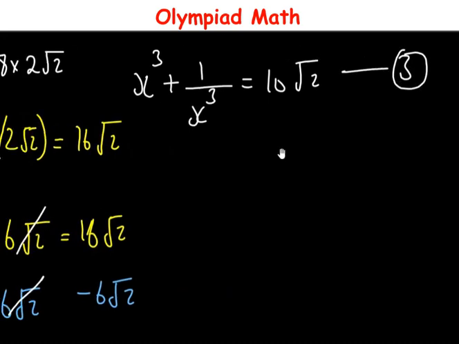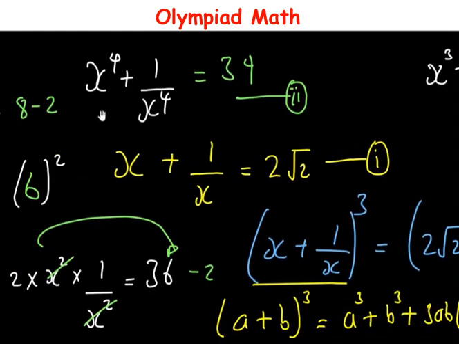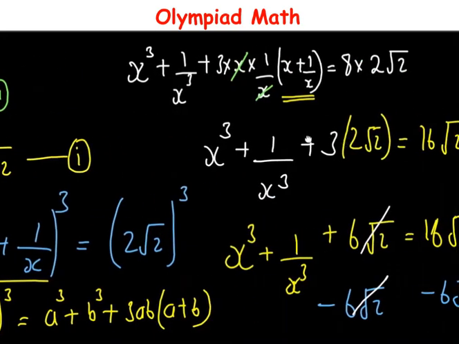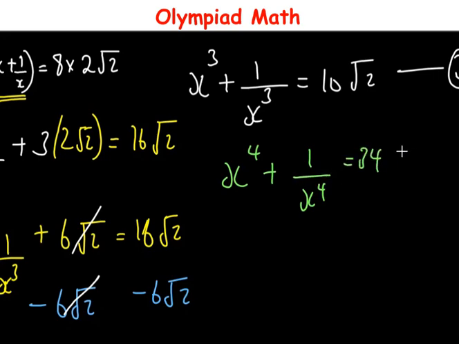Also, recall that from equation 2, which is this right here, x raised to power 4 plus 1 over x raised to power 4 equals 34. Writing this down, we have x raised to power 4 plus 1 over x raised to power 4 equals 34. This is equation 2.